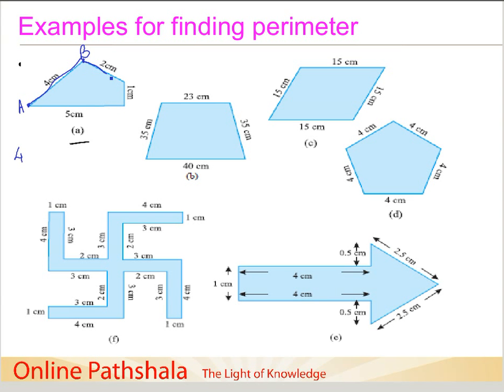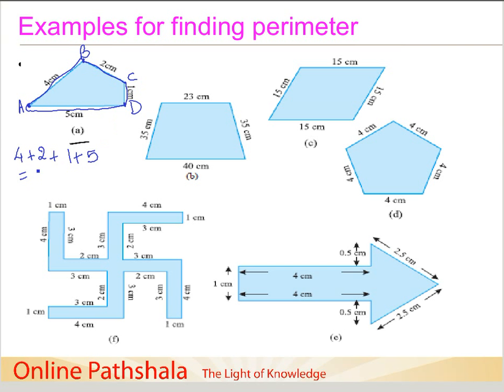Then point B to point C, we cover 2 centimeters, so I'm adding up 2 here. Then we go from point C to the next corner, which is point D, we add up 1 centimeter, and then we come back from D to the starting point, which is A, and in that case we will be covering 5.